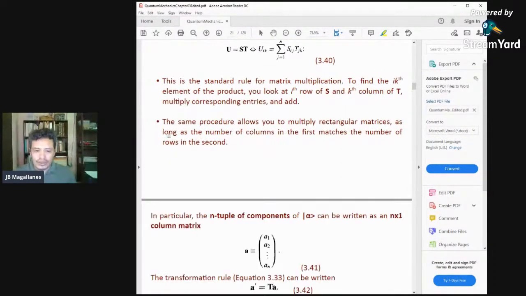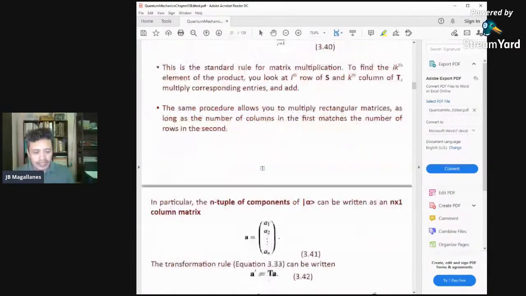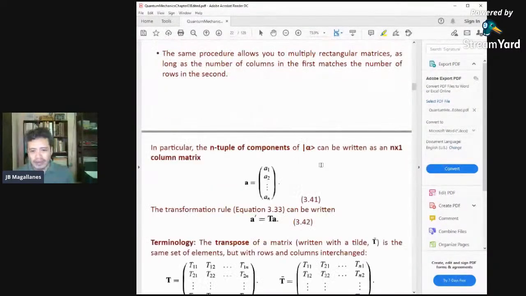Usually the transformation matrix is represented by square matrices, meaning you have matrices with the number of rows equal to the number of columns. So usually that's the transformation that we have. But there are also other matrices like this.